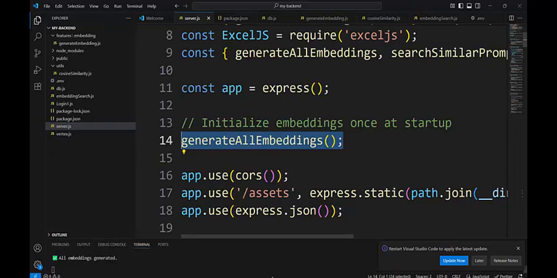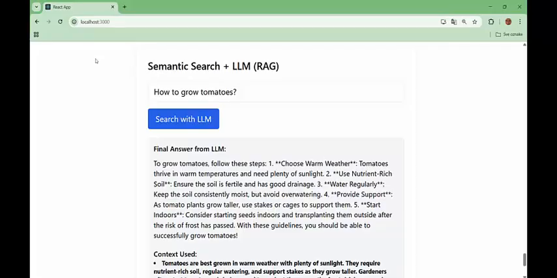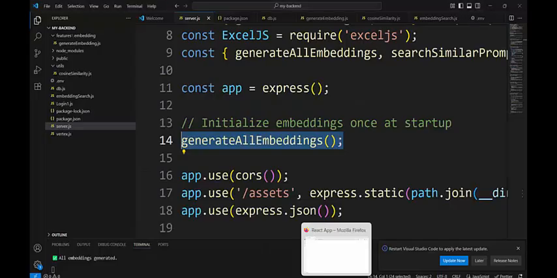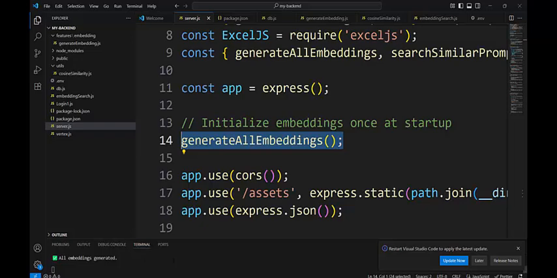Look at now when I refresh this and I see server.